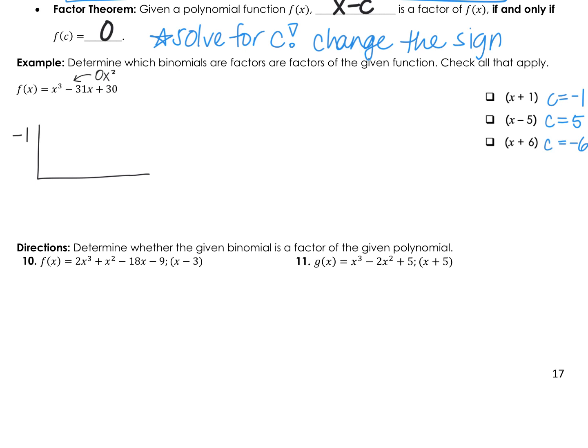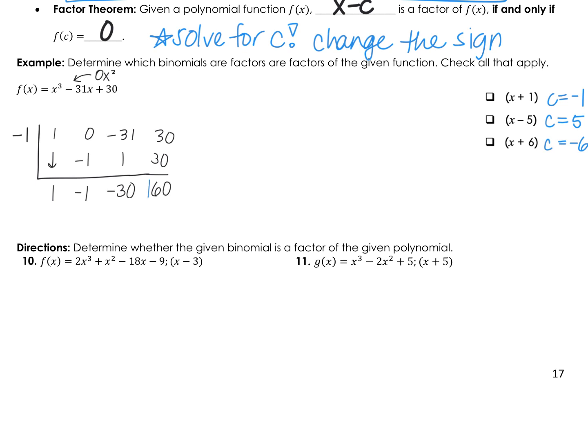So it's going to go 1, 0, -31, 30. Drop down the 1, bring it down, multiply, and carry on your way. 1 times -1 is -1. Add down, multiply, add down, multiply, and add down, which is, got to be careful with your signs, because if you messed up your signs in that last one, you probably think it'd come out to 0, but it doesn't. It comes out to 60.